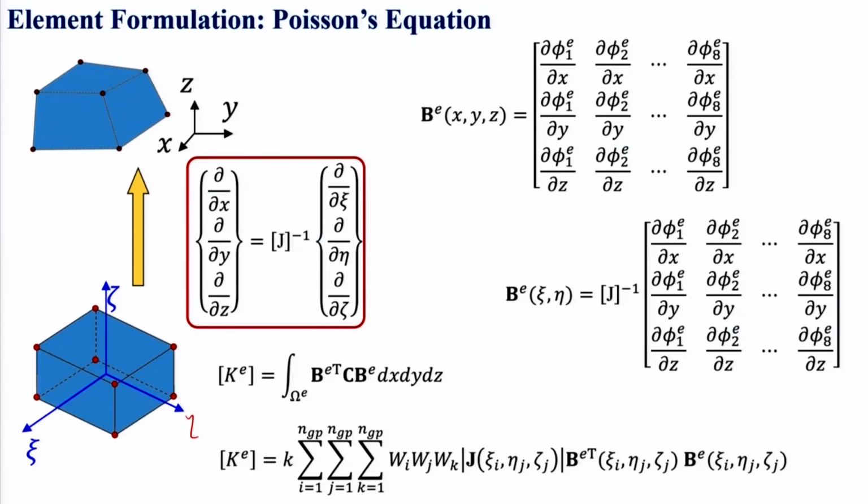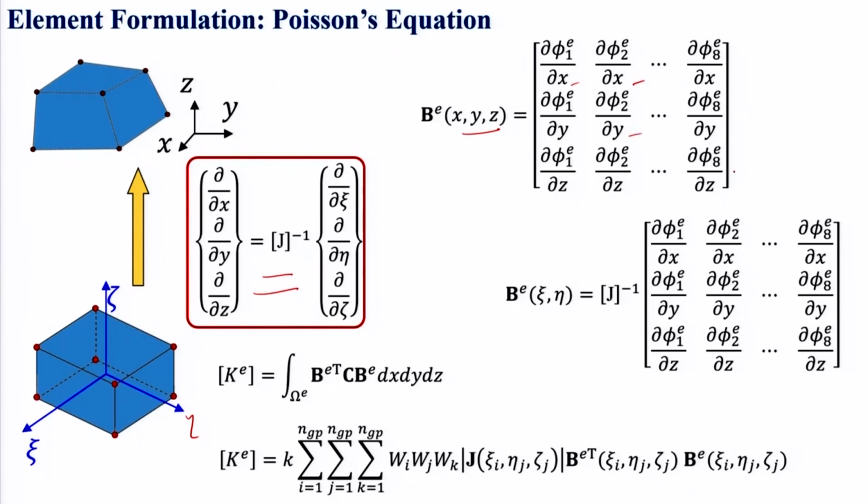Through this mapping, which we already know, the derivatives with respect to x, y, z are related to the derivatives with respect to xi, eta, zeta through this relation, where J is the Jacobian; we have seen the expression for the Jacobian. Now, the B matrix is a function of x, y, z, and involves derivatives with respect to x, y, z.